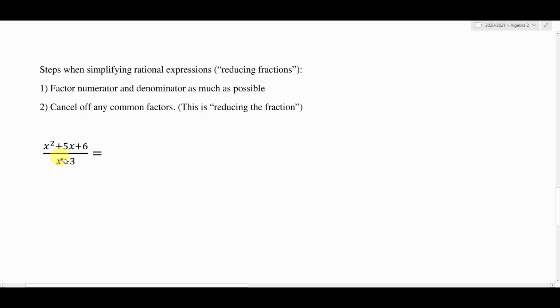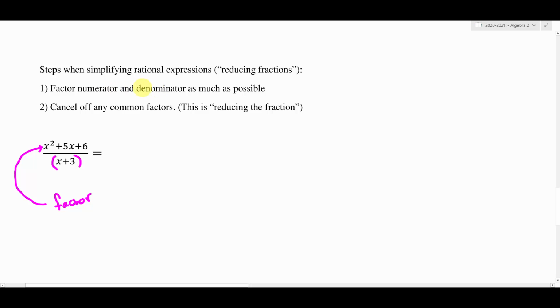The way that I like to go about this is if I see an expression like an x plus 3, I put that in a pair of parentheses and I remind myself, x plus 3 needs another x plus 3 up here to cancel with. Right now, with the way this is written, I don't see an x plus 3. But I can rewrite the top by factoring.